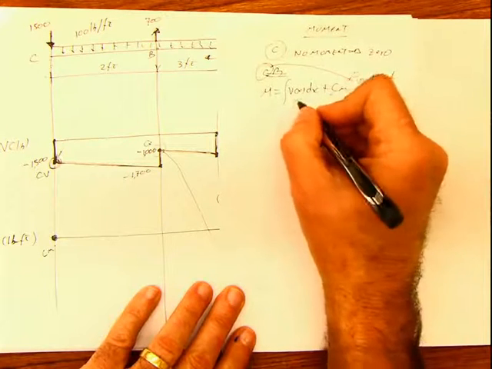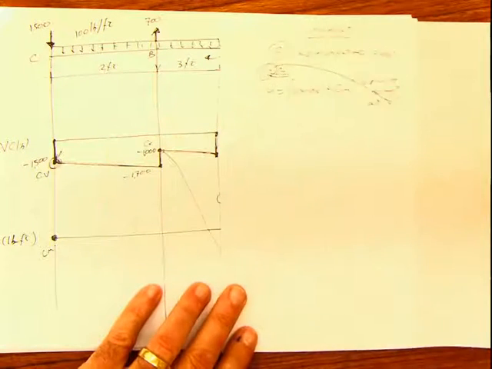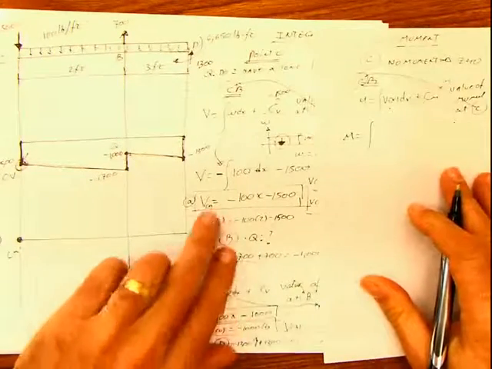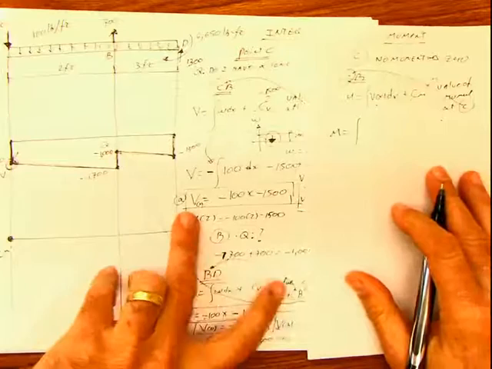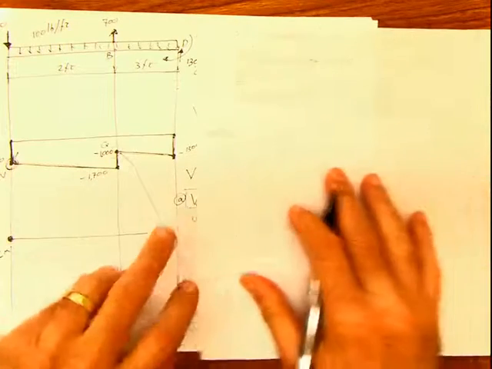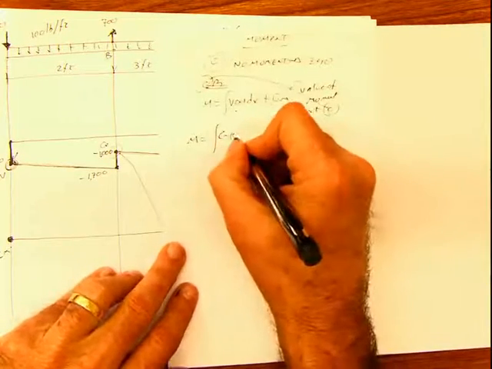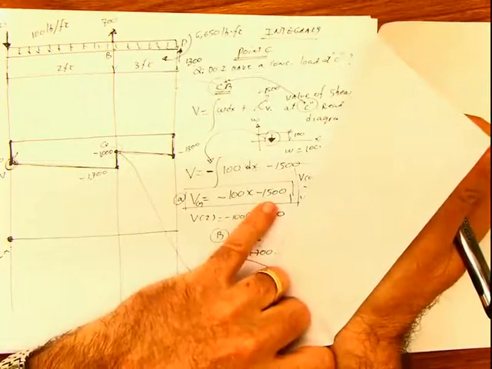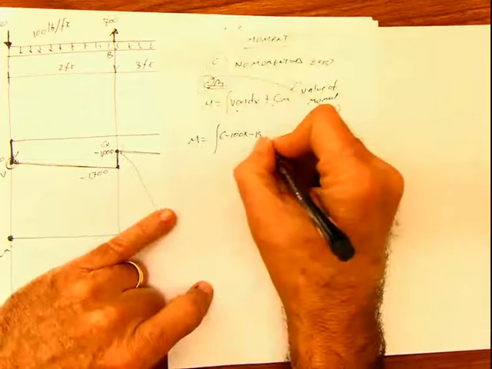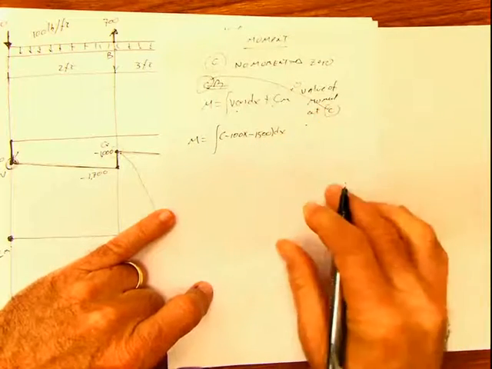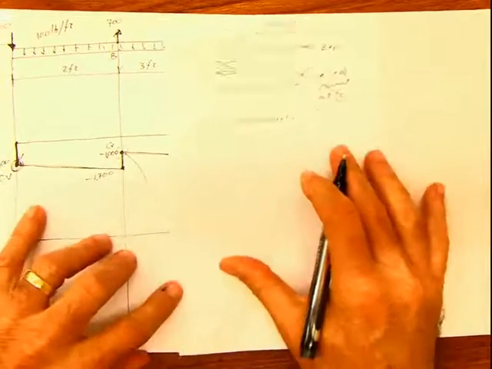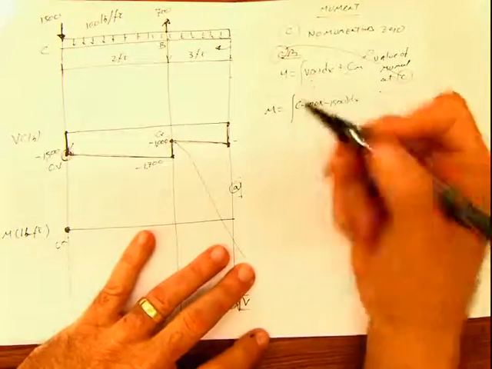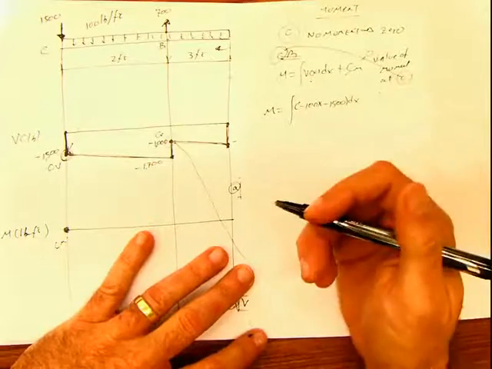Well, the V is the equation A that I called before. So my moment is going to be the integral of the shear, but the shear is this value here. So it's going to be the integral of negative 100x, negative 1500 dx. And notice that I don't put any other negative sign anymore, because that negative sign was included in the shear and it's taken care with this.